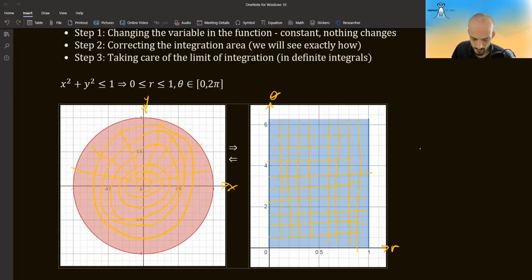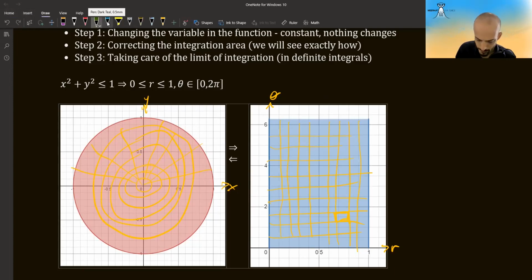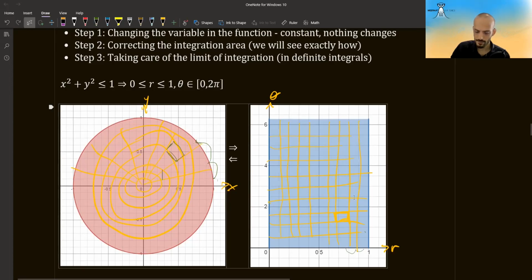And so if we take, for example, this little square over here, it corresponds more or less to, let's see, it's 3 units up in theta, so 1, 2, 3, and it's 3 units down from here, so 1, 2, 3, so it's more or less this stripe over here. So this unit, when we sum it up, its actual area in the xy plane is this thing.